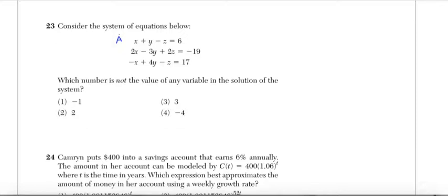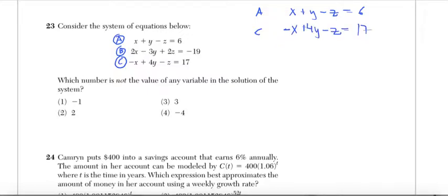I like to label each equation. So I'll call the first one A, second one B, and the third one C, just so that we know which one I'm referring to. So if you look at A, we have positive x, and at C we have negative x. So if I add equation A, x plus y minus z equals 6, to equation C, which is negative 1x plus 4y minus z equals 17, x minus x cancels out if I just add the equations down.